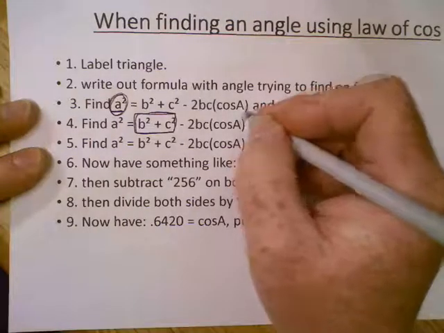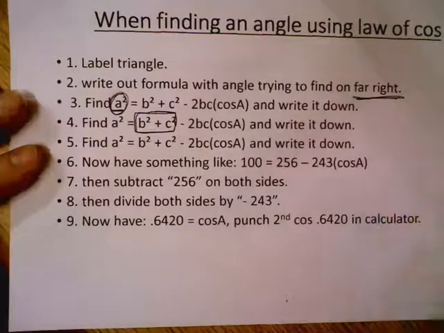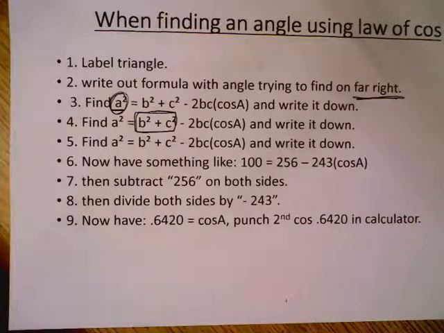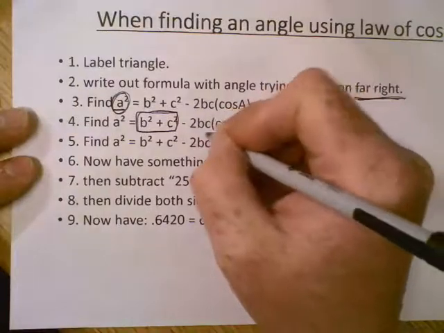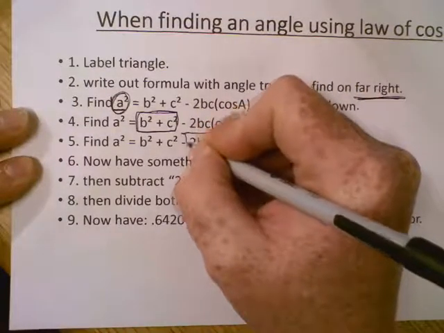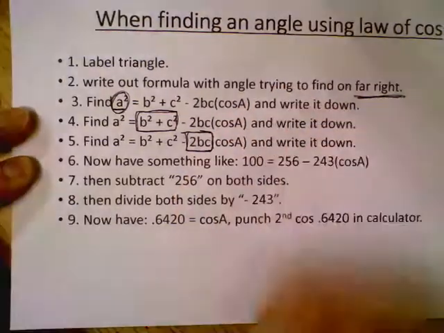Then the third thing you're going to find is this part, 2 times b times c, and you're going to write that part down.